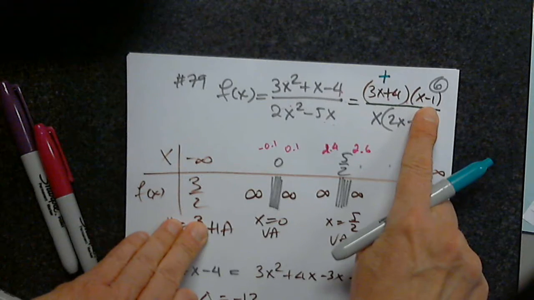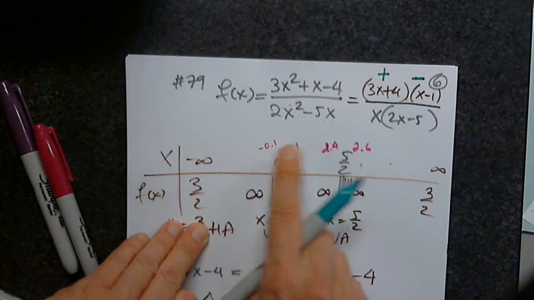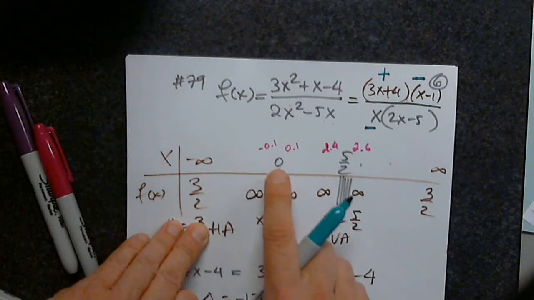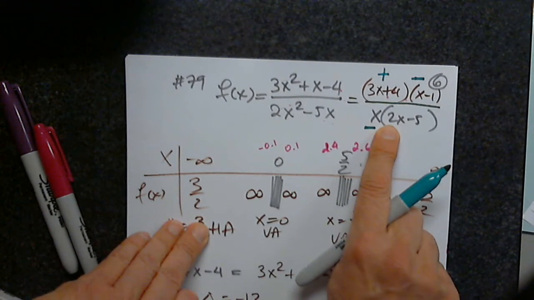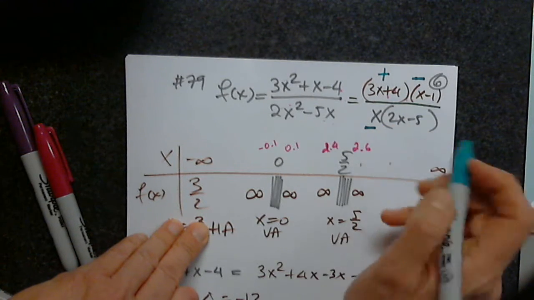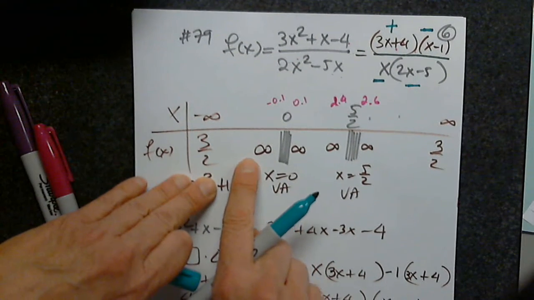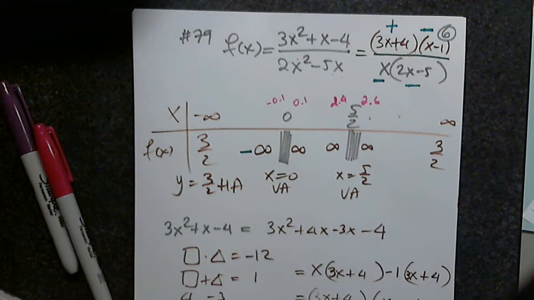Negative 0.1 minus 1. Very good. Negative 0.1 times 2 is negative 0.2. Negative 0.2 minus 5. 3 negatives. Awesome. Very good.